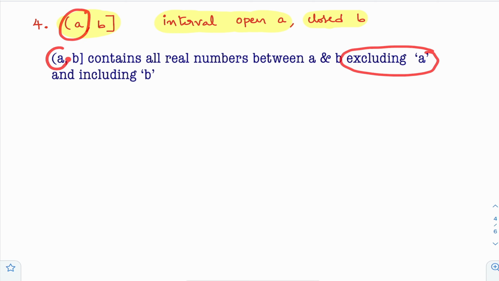Whenever an open bracket is there, that is excluding A. Here, including B. I'll explain this on the number line.